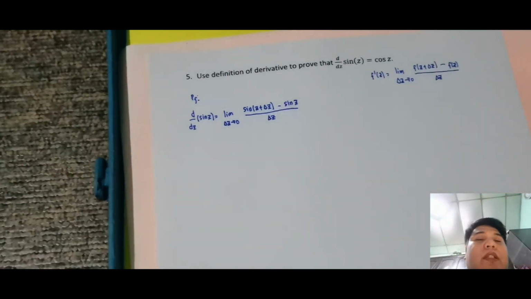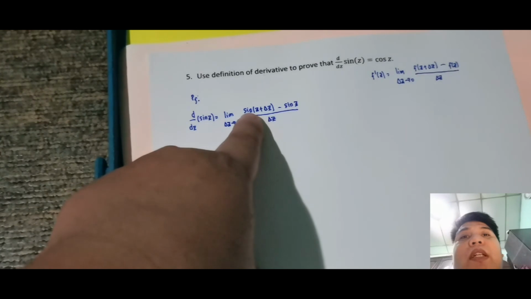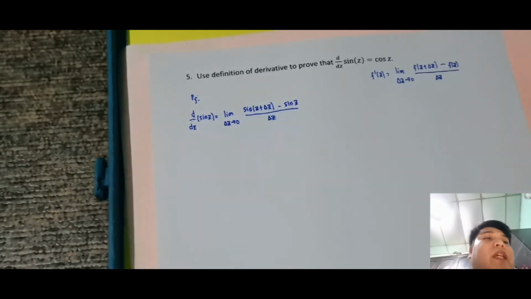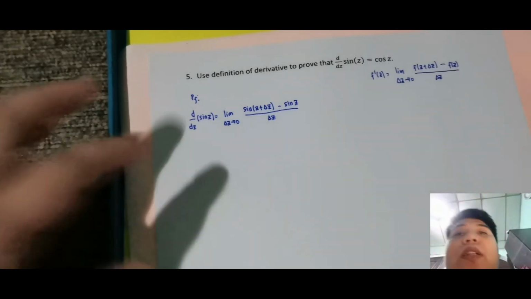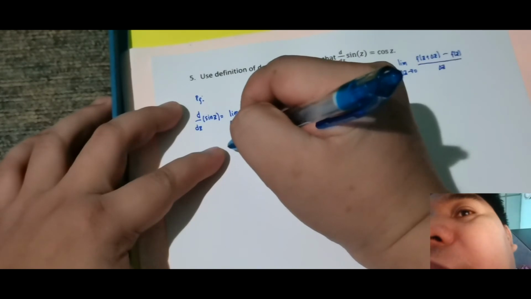Okay, next, pansin mo, that is sine of z plus delta z, so parang sine of a plus b. So apply natin yung sum of sine a plus b, so that is sine cosine plus cosine sine. Okay, so this is equivalent sa limit.